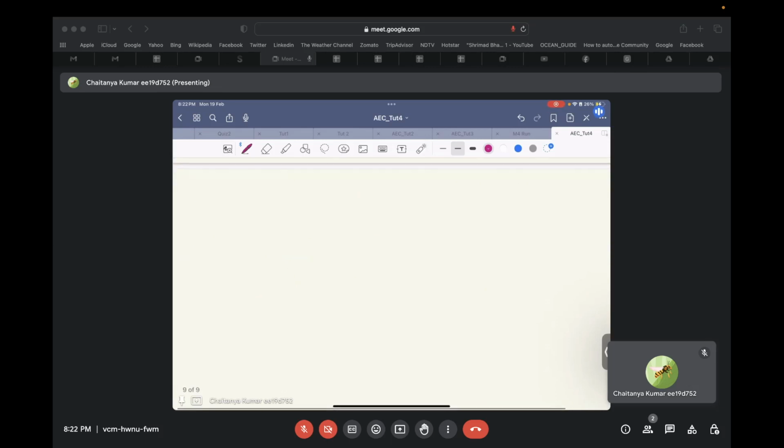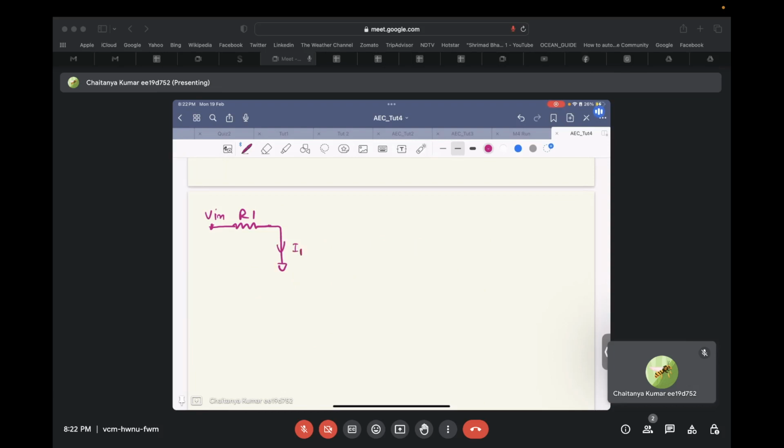So, we have a circuit over here. The input is given to the input of this resistor R1. This is grounded.